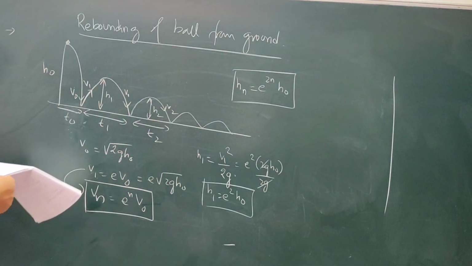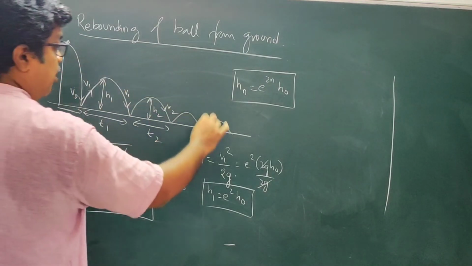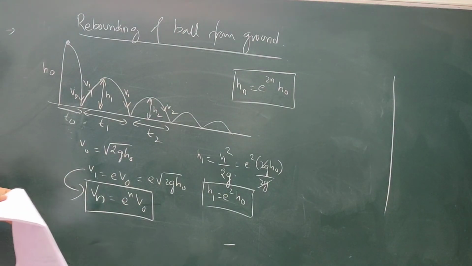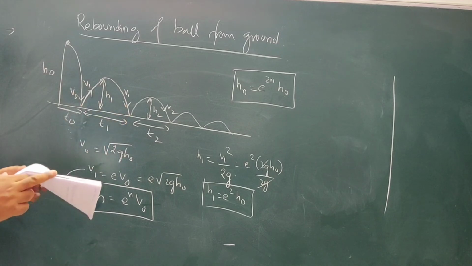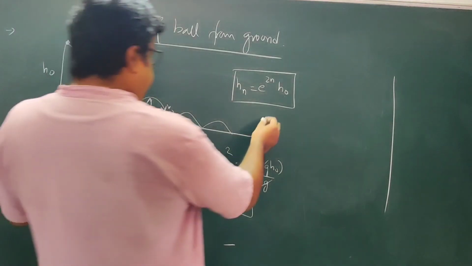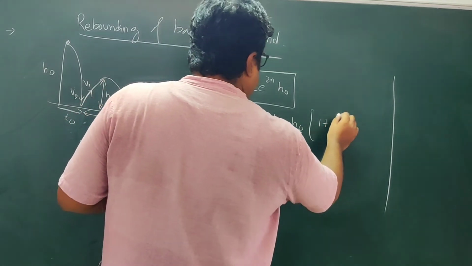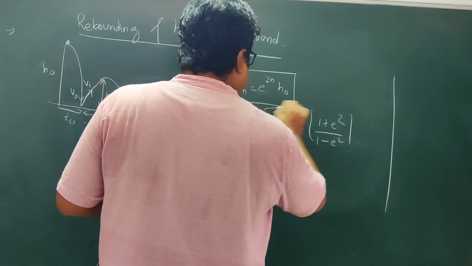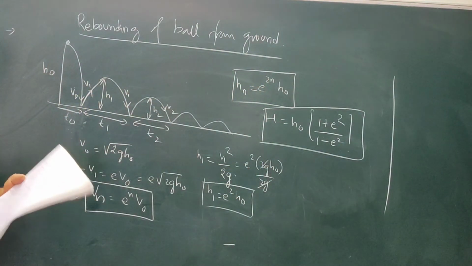Now suppose this ball travels like this and keeps bouncing, and finally it will stop. The total distance traveled before it stops bouncing, capital H, is equal to h0 times (1 plus e square) divided by (1 minus e square).